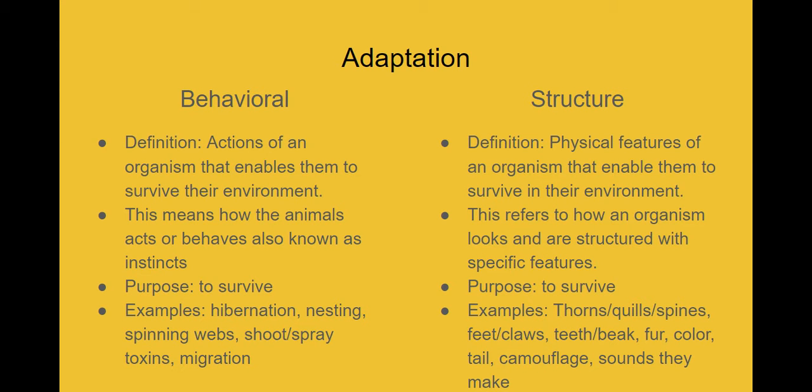That's where they make their homes, somewhere where they need to live. Spinning webs, we know that spiders spin webs naturally. Shooting or spraying toxins, that's something they do to defend themselves. That's a behavior. And migration, that's also a behavior.